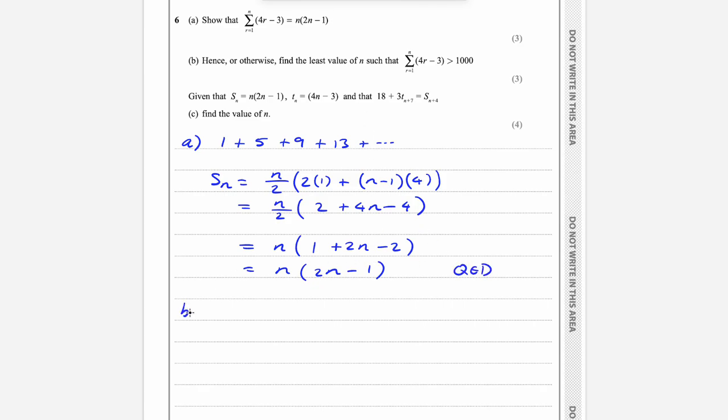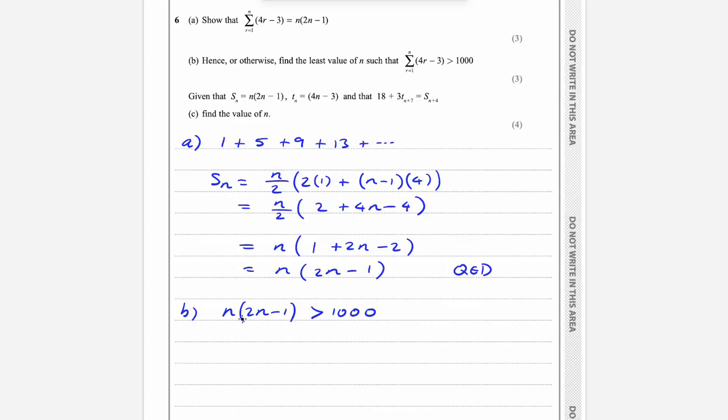Okay, next part. Hence or otherwise find the value of n such that this is greater than 1,000. So the sum is greater than 1,000. So we need n times 2n minus 1 to be greater than 1,000. Okay, multiply out.